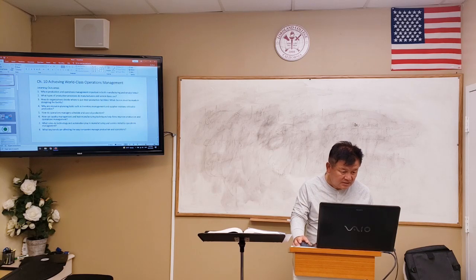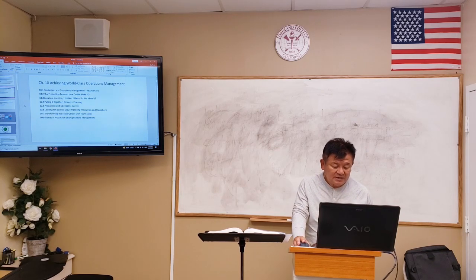Let me show you, this chapter 10 consists of 8 verses. 10.1 is production and operations management, an overview. The second is the production process: how do we make it? The third is location: where do we make it? 10.4 is putting it together, resource planning. 10.5 is production and operations control.